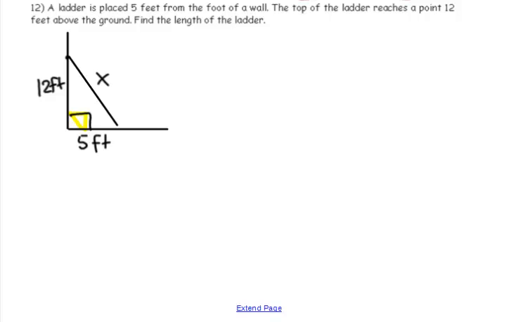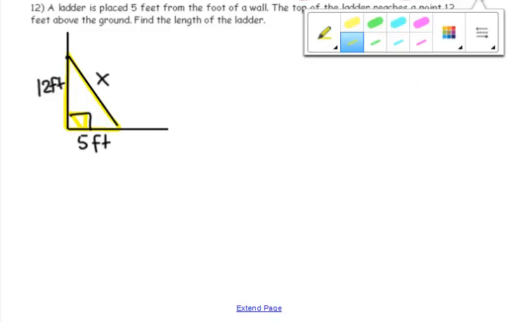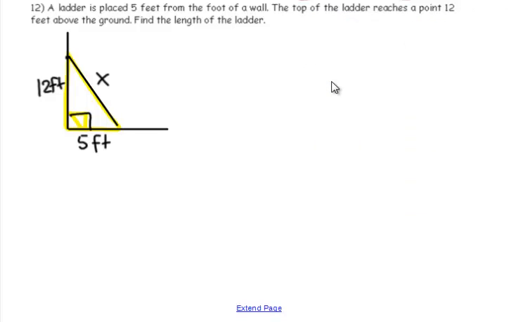So here it is. We see, what do we have? We have a right triangle. When we're talking about right triangles, when we know two sides, we want to find the third side, start by identifying the hypotenuse. There's our hypotenuse, x. So x squared is going to equal 5 squared plus 12 squared.